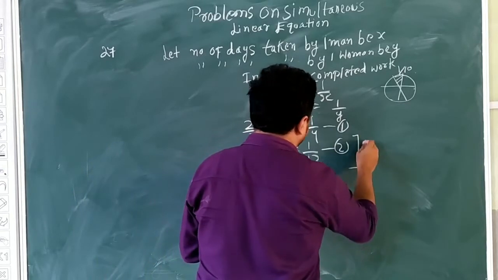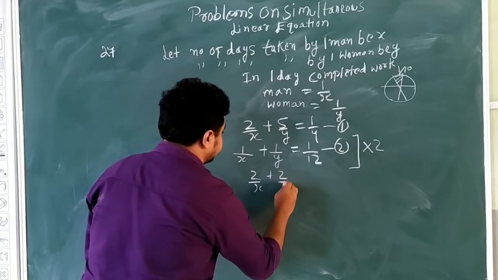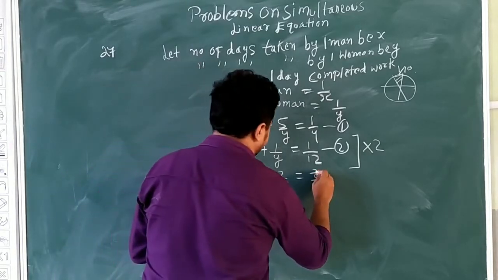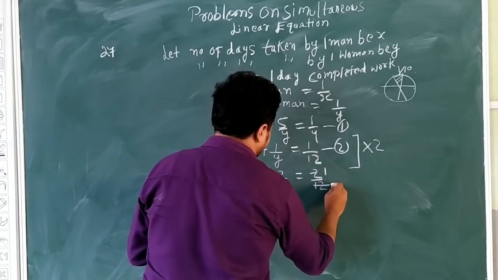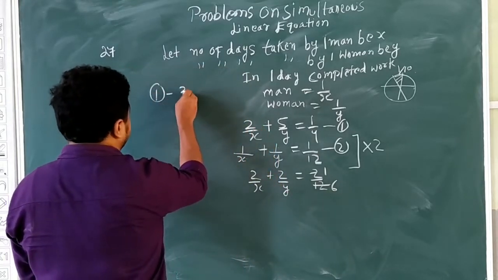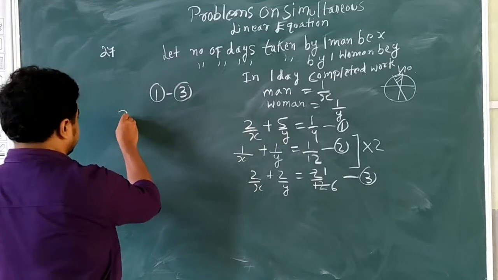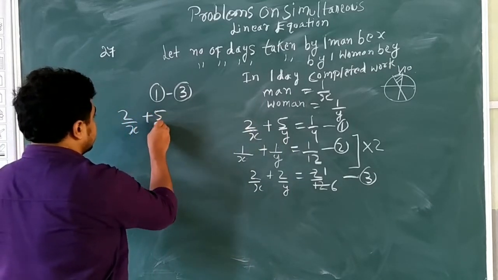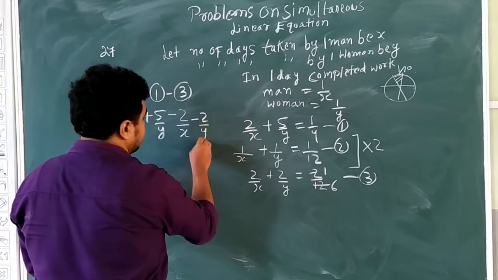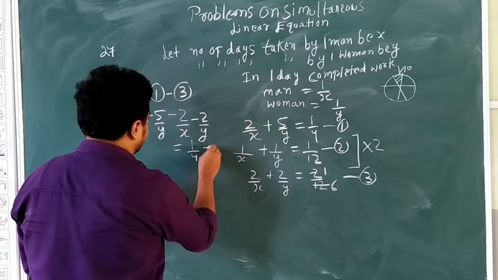If I multiply equation 2 by 2, we get 2 by x plus 2 by y is equal to 2 by 12, which cancels to 1 by 6. Now subtracting: 2 by x plus 5 by y minus 2 by x minus 2 by y will be equal to 1 by 4 minus 1 by 6.